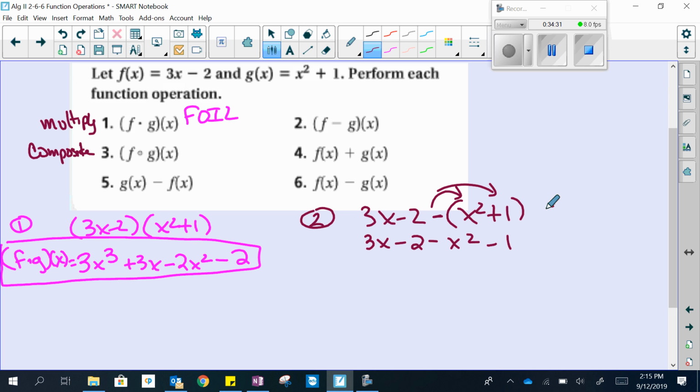And then you're going to look for like terms. What are my like terms? Negative 2 and negative 1. So if you want to put in highest exponent to lowest exponent, you can. Otherwise, you don't really have to because we haven't hit that yet. But that would be f minus g of x.